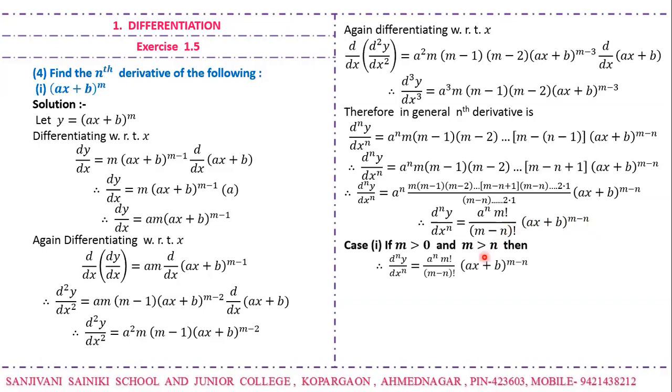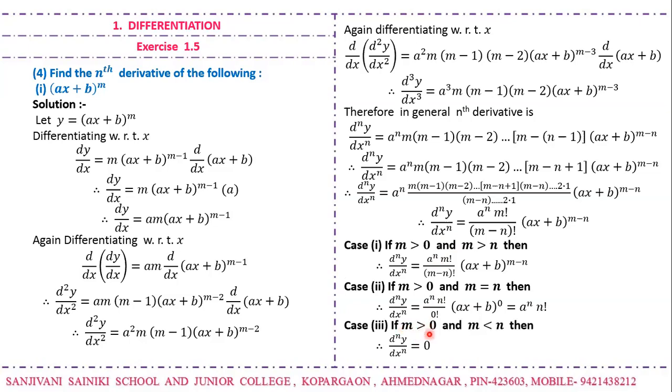Now, if m is greater than n, then this is the derivative of the given function. But if m is equal to n, then what will happen? Then (ax plus b) raised to m minus m is 0, and (m minus n) factorial is 0 factorial, which is 1. So we get a raised to n into n factorial.